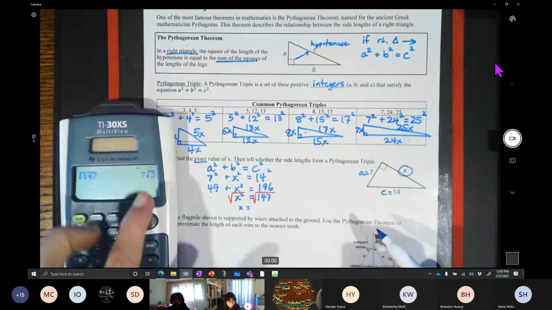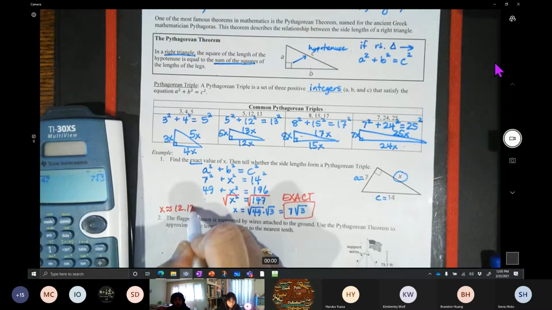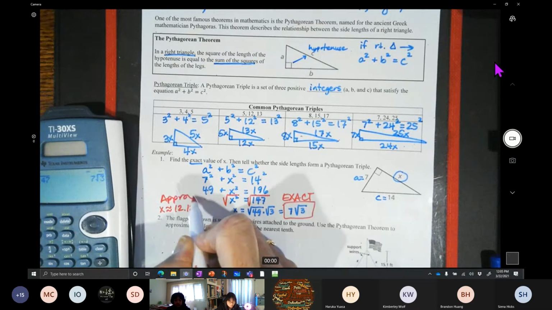So what I'll have to do is break this down into 49 times 3, just like we did on our practice before. And then x is equal to 7 times the root of 3, because the root of 49 is 7. And this is what we call exact. If you did 12.12, that's an approximation.